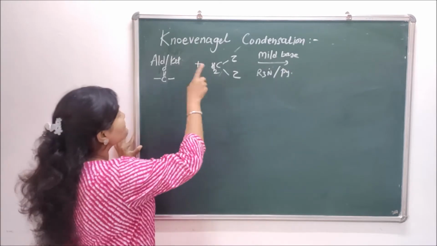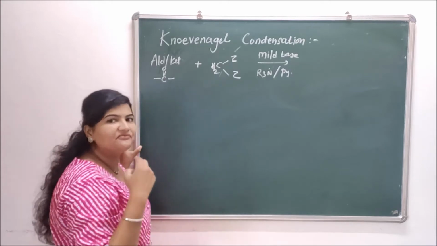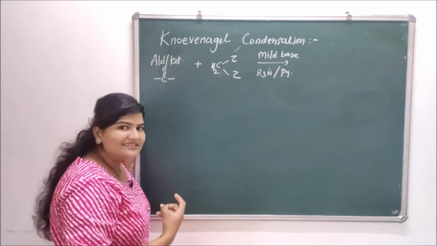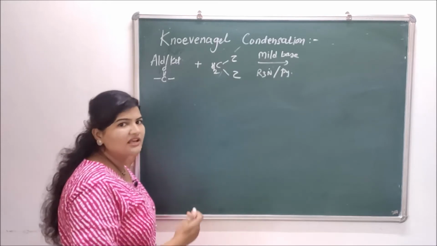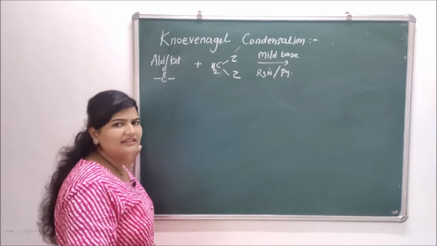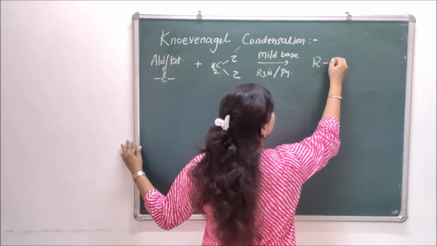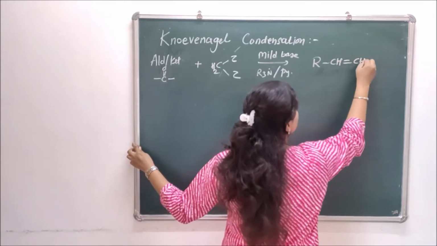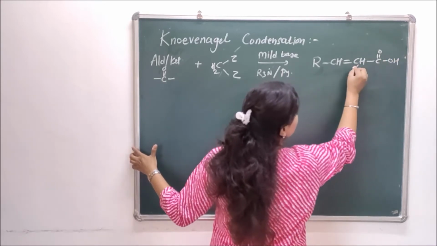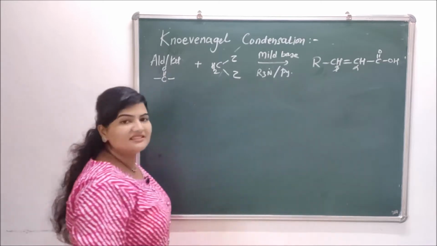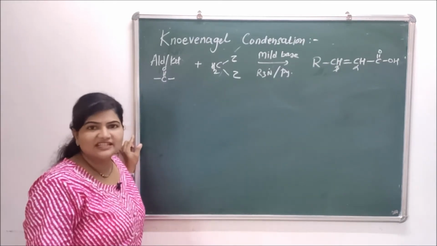When aldehydes and ketones are treated with an active methylene group, it gets added to the carbonyl compound by nucleophilic addition, followed by dehydration to give this kind of compound, RCH double bond CH COOH. It is nothing but an alpha beta unsaturated compound. So this is the general reaction for Knoevenagel condensation.